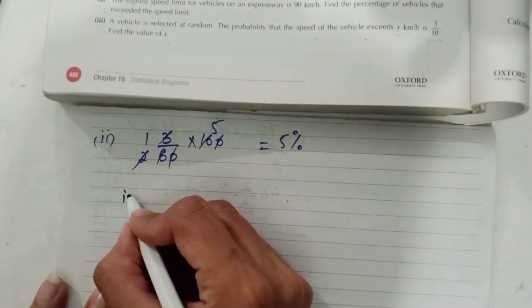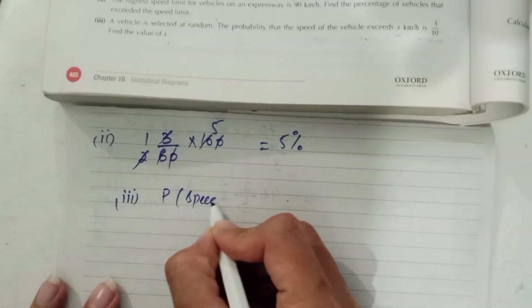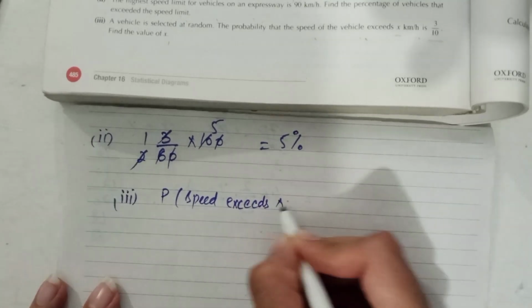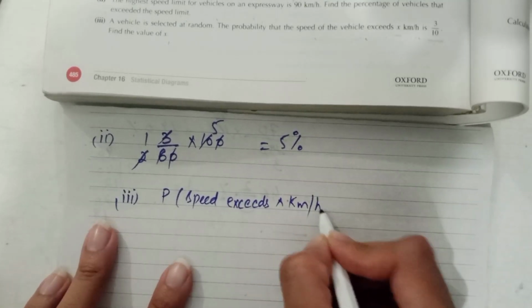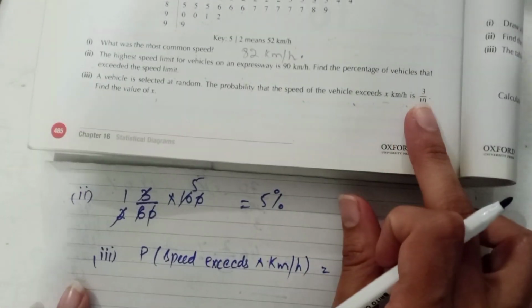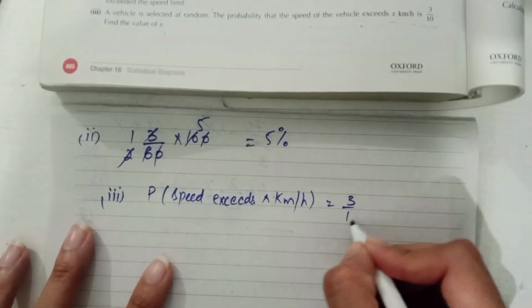The probability that the speed exceeds x kilometers per hour is given in part number 3 as 3/10. That is the probability.